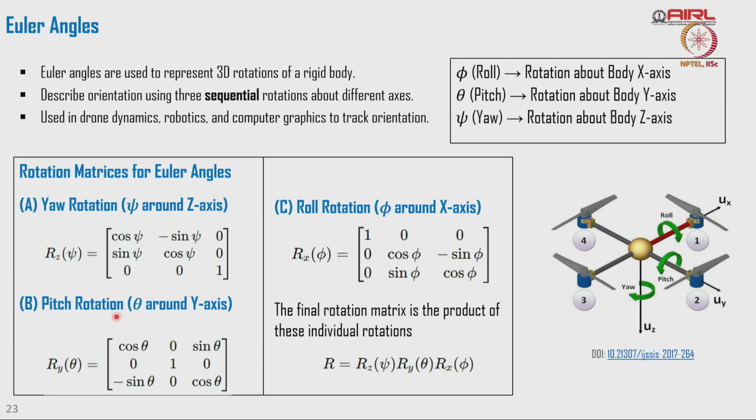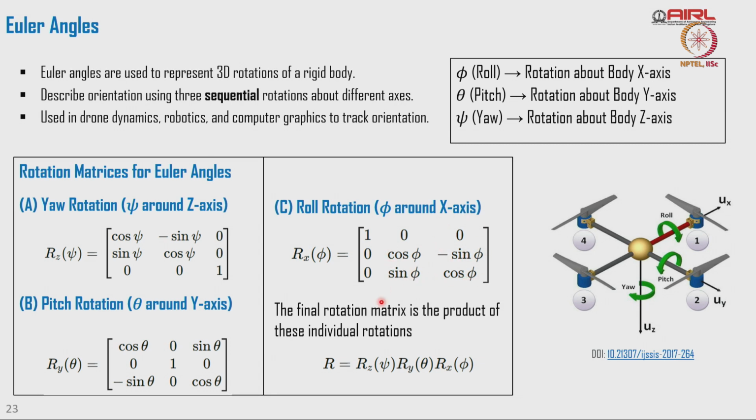Now if I look at a pitch rotation, that is theta about y axis, you see the second row 0 1 0, and in the rest of the terms the angle of rotation comes into picture. Roll rotation is about x axis, Rx phi, where the x axis remains the same, that is 1 0 0, cosine, minus sine, sine, cosine.